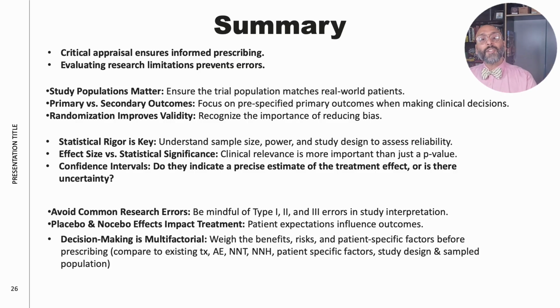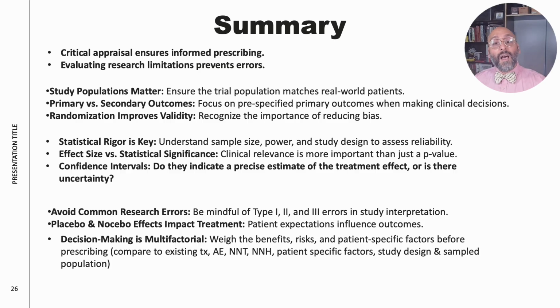Next, statistical rigor is essential, but it's not sufficient. Understanding things like sample size, power, and effect size tell you how reliable a result is, not whether it's worth acting on. This is where we made the key distinction between statistical significance not being the same as clinical relevance. A p-value tells you something happened.